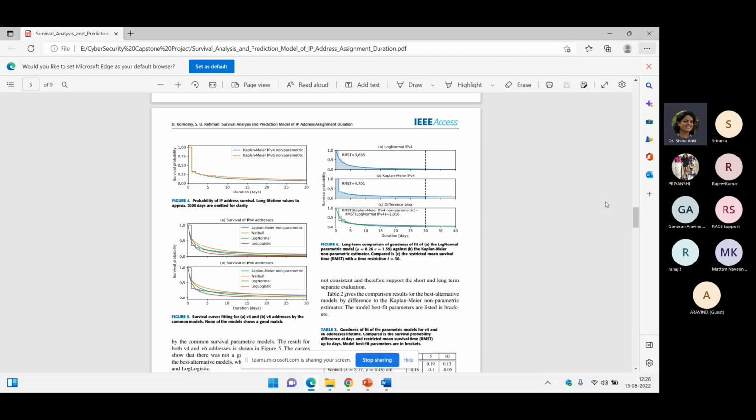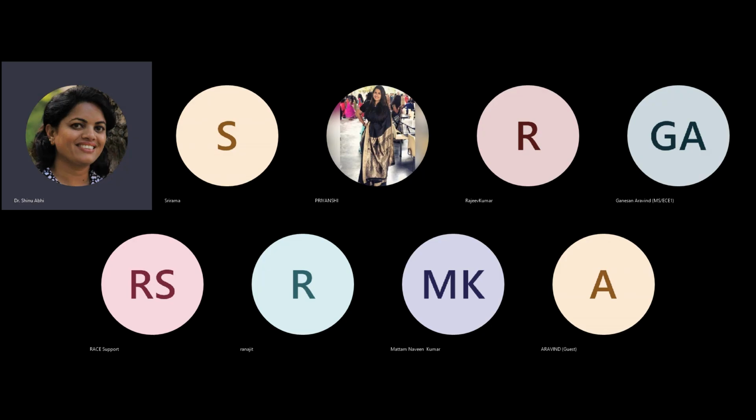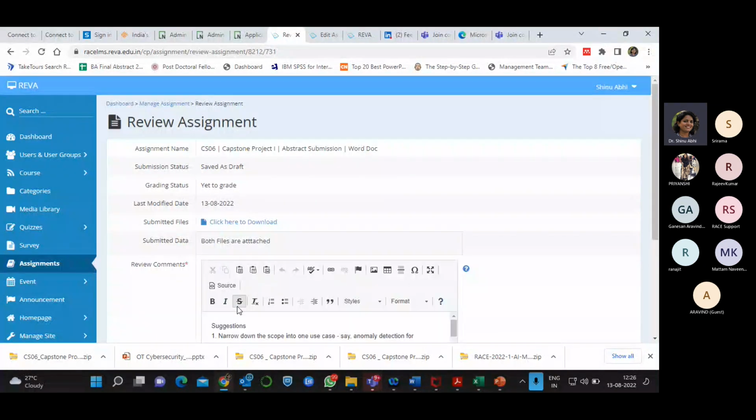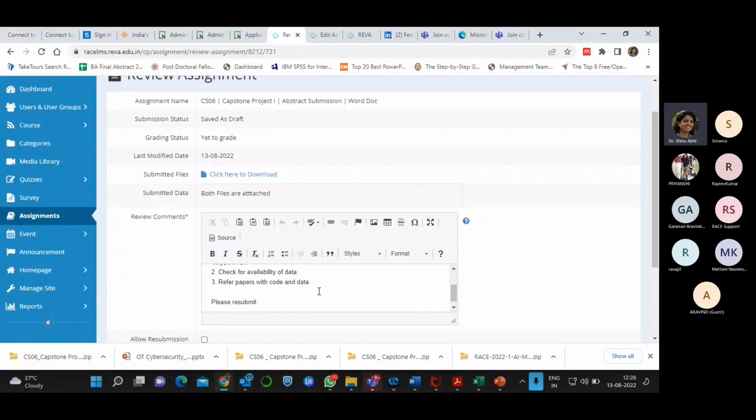I'm just sharing my screen. So Rajiv is good to go. I think we had submitted something, narrowing down the scope into one use case. Okay. We can retain those comments.